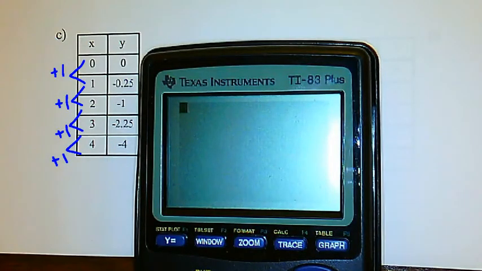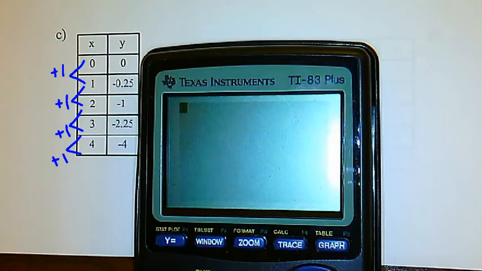Okay, so when you're checking these, remember you're going to go backwards. So if I do negative 1 divided by negative 0.25, that equals 4. Negative 2.25 divided by negative 1. Alright, so we know that we can't multiply to get to the next thing.